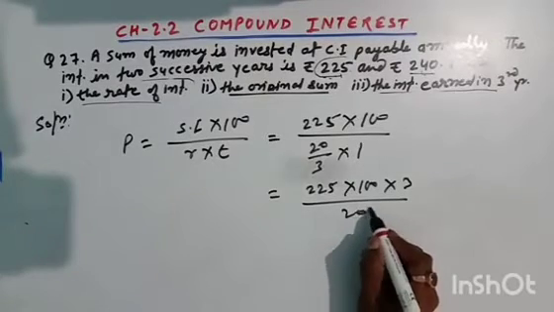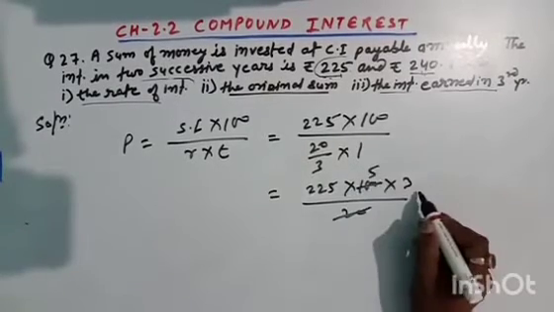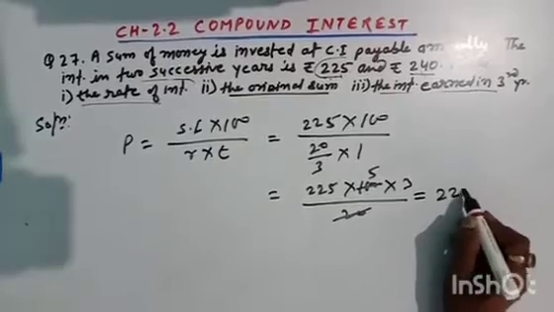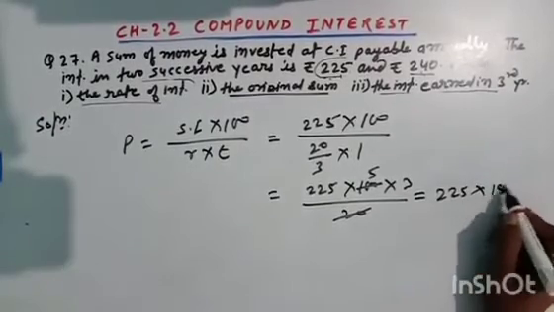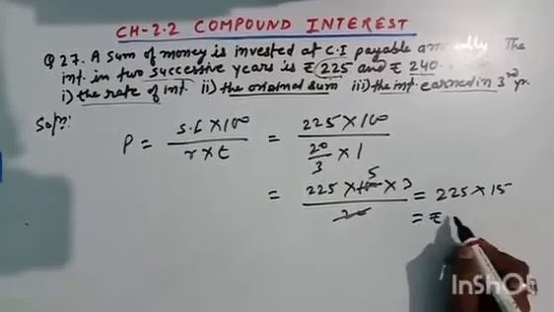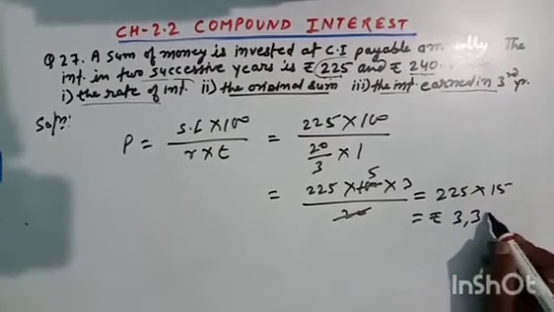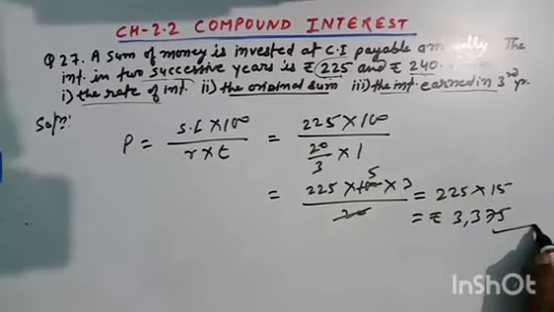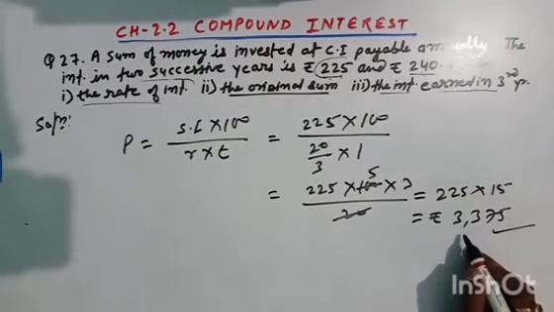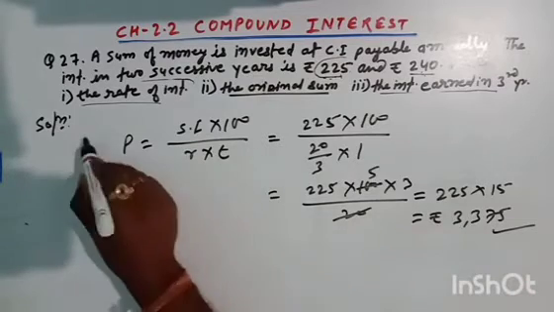Cancel it: 225 into 5 into 3 is 15, and finally you will receive 3375. This becomes the principal, or the original sum. So this is the second part.